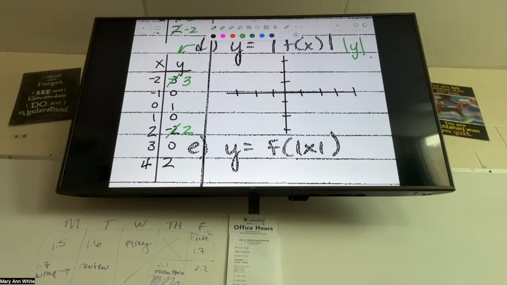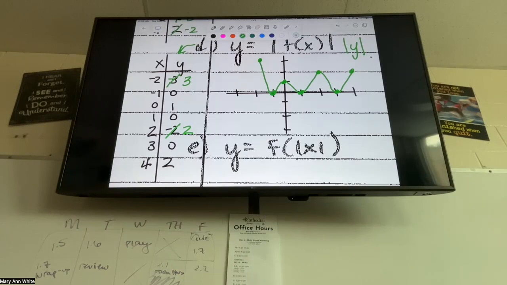So that first point, instead of being at -2, -3, it's gonna be up at -2, +3. My next few points are all normal, they're the normal points. And instead of +2, -2, we're gonna go +2, +2. And then all my other points are the same. So this actually is a picture that does not necessarily look like how we started.